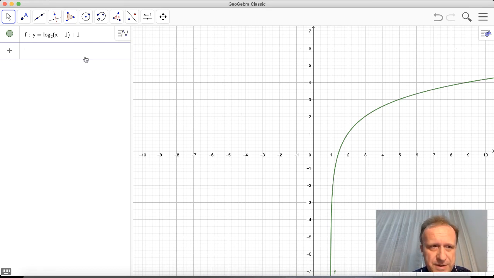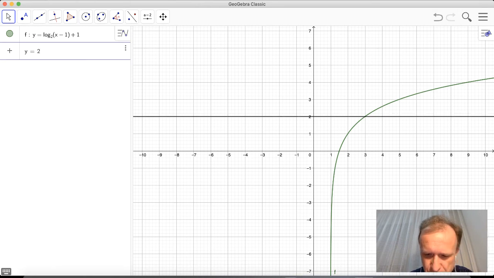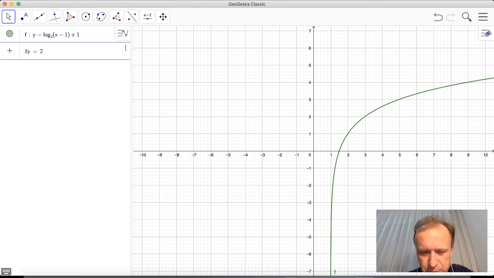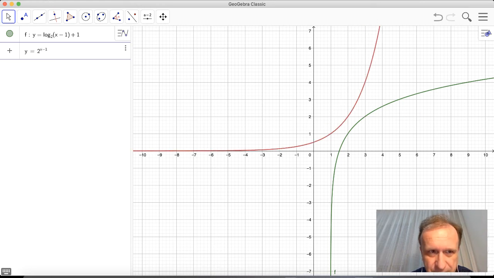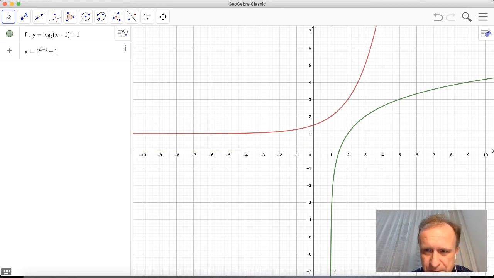Now, if I want to show the inverse, I have to write another formula, and it should be 2 to the power of x minus 1 and all plus 1.